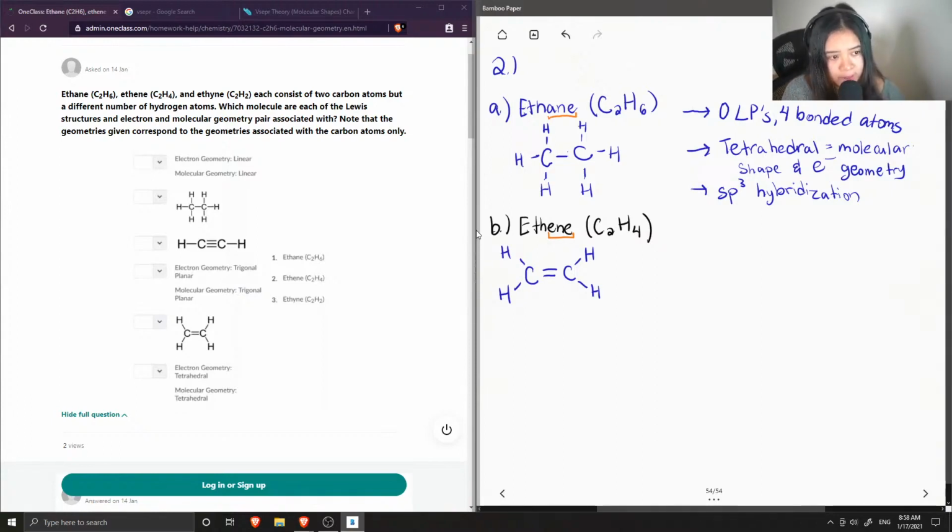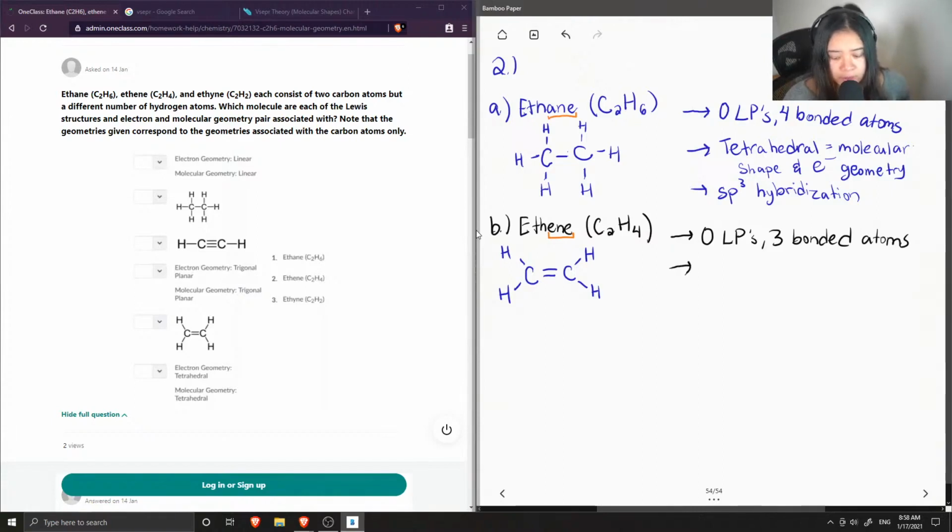Again, let's look at the number of lone pairs and the bonded atoms. This central atom contains 0 lone pairs, but this time there are only 3 bonded atoms to our carbon atom. Each carbon is bonded with 2 hydrogens and the other carbon.